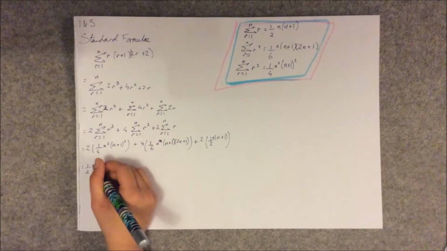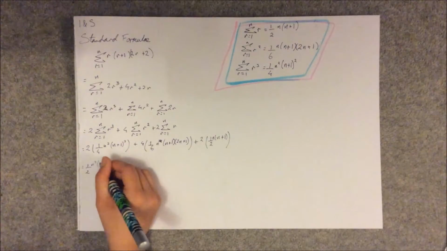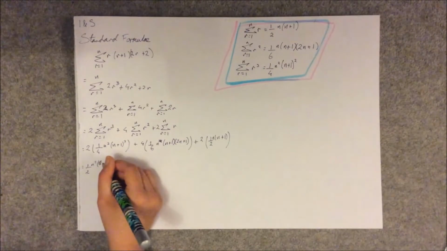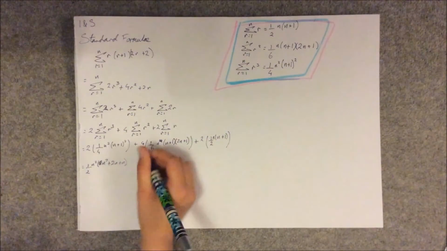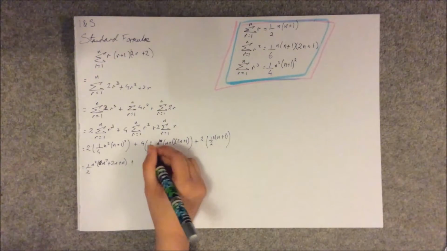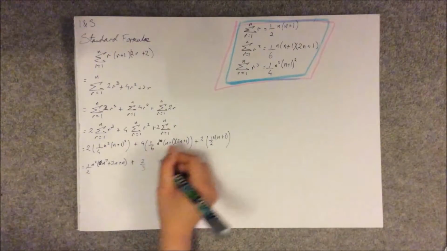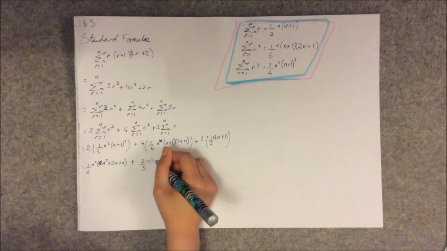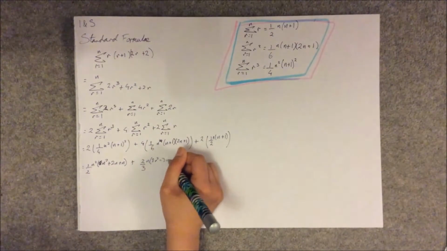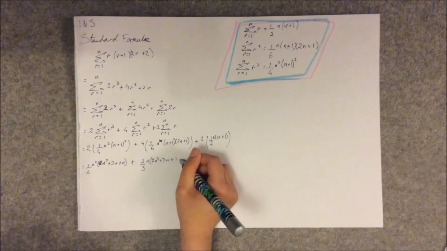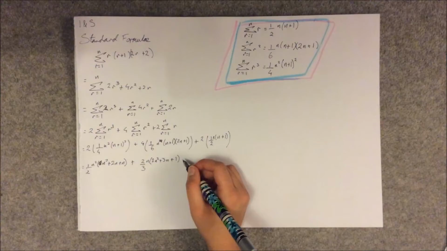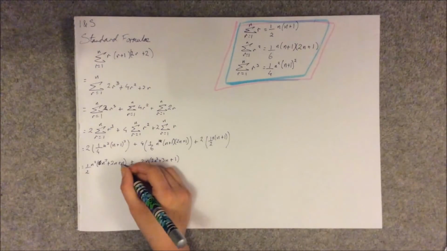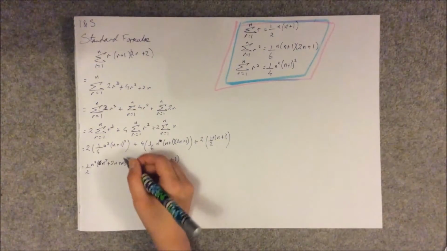It's 1 over 2 n squared, 2 n squared plus 2n plus n plus 4 over 6 simplifies to 2 over 3 n, 2n squared plus 3n plus 1. That is plus 1, not plus n.